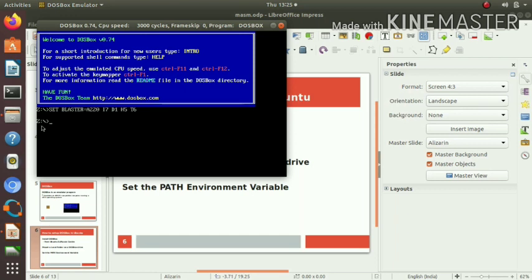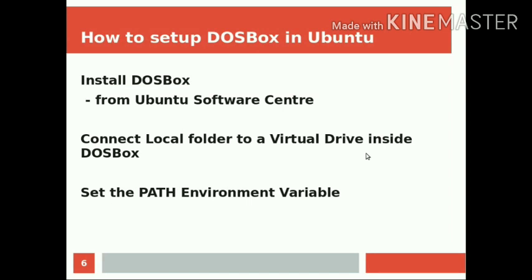Initially this will be in a command prompt with this Z, Z meaning the Z drive. Next we have to explain how to access our Linux folders inside the DOSBox environment.